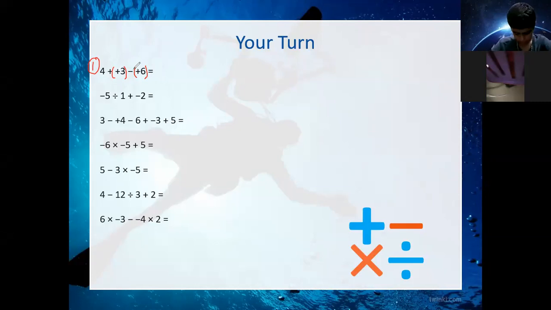Now you need to make all the double signs become single. In other words, 4 plus positive 3 stays positive, and minus positive 6 becomes -6. Do you understand? This means 4 plus 3 is 7, and 7 minus 6 is 1. Very good, Siddharth. Very good, Rishabh.